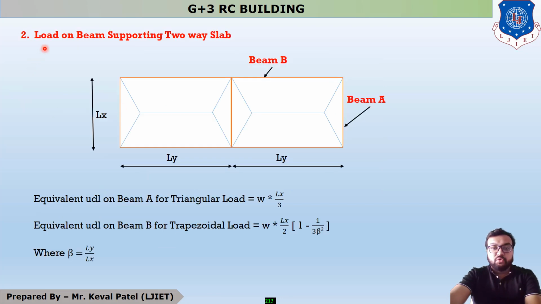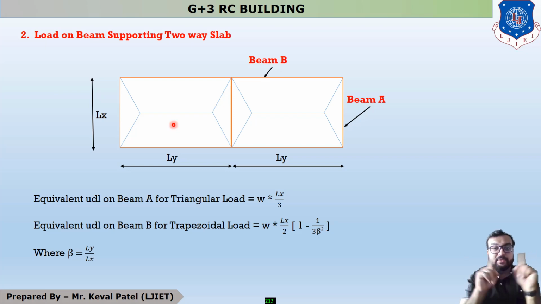Now case number 2 is load on a beam supporting two-way slab, and you all know that in a two-way slab, your main steel is provided on both faces.